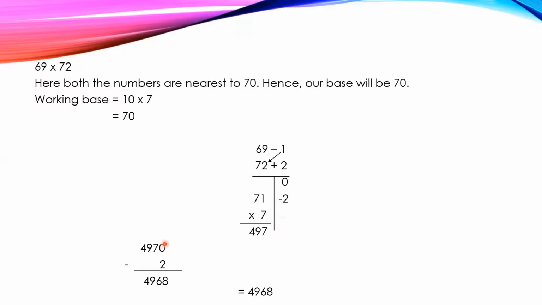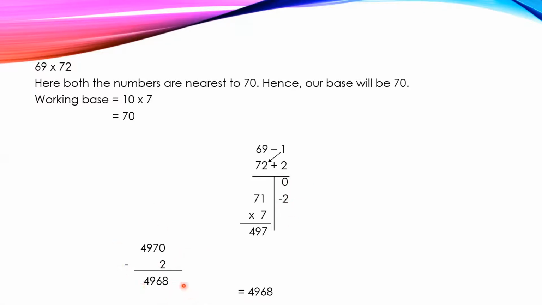Now, as we were having here in this partition, 0 minus 2. So here we will have 4,970 minus 2. This was having a minus 2 sign, so we will subtract it.